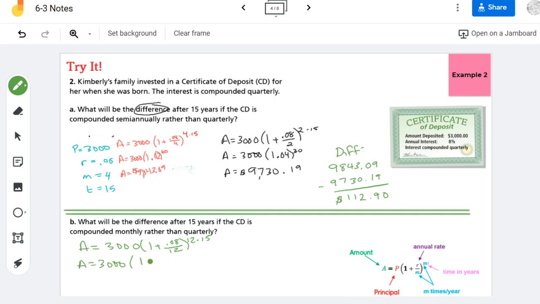So I'm actually going to input it into Desmos, into my calculator, as it is there. Okay, so then here, 12 times 15 is 180. So that is what I'm plugging into Desmos, so let's go ahead and give it a shot.